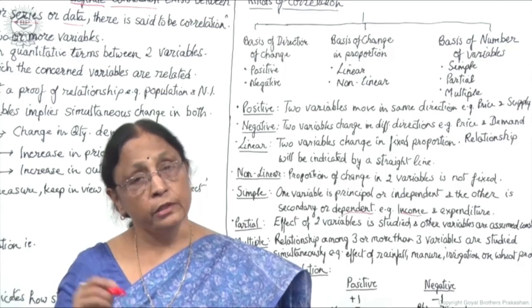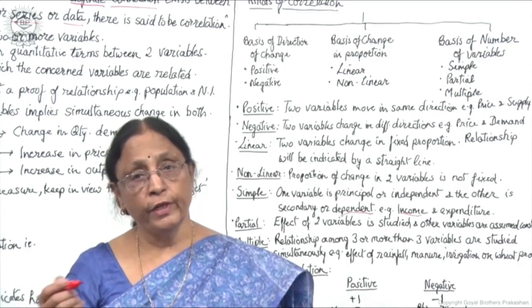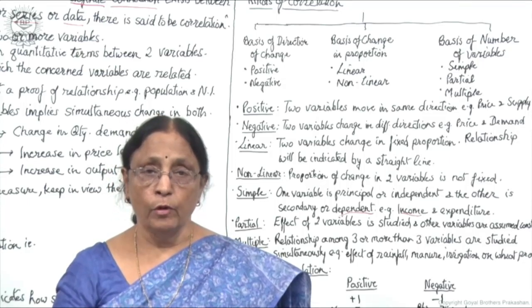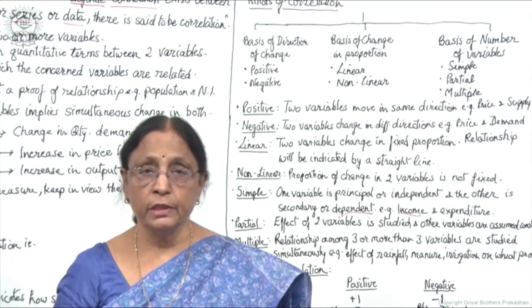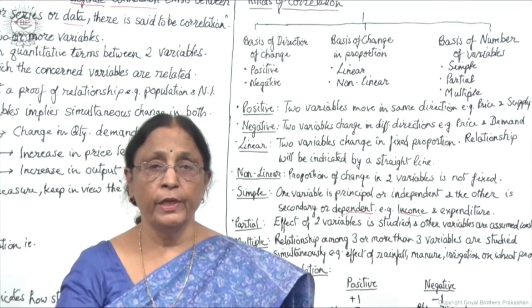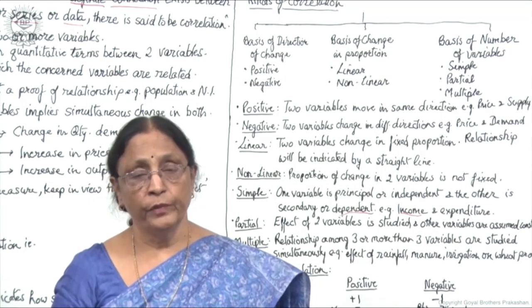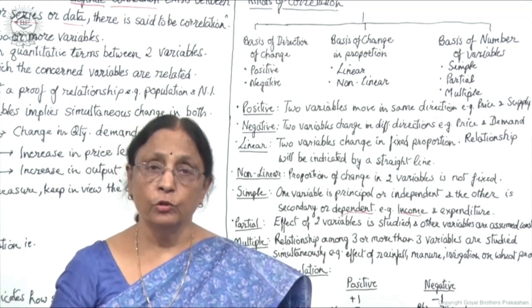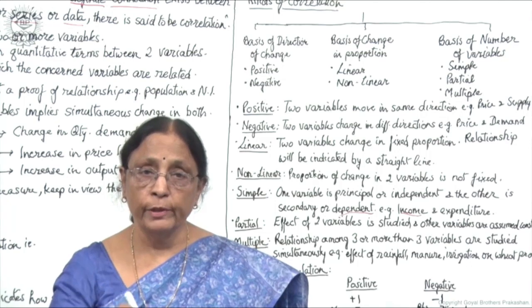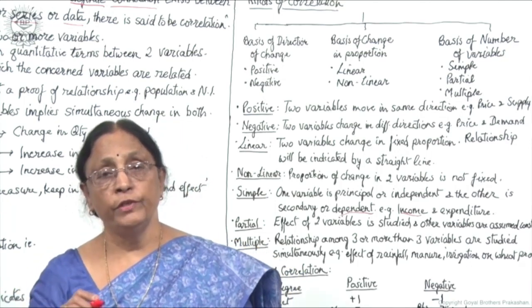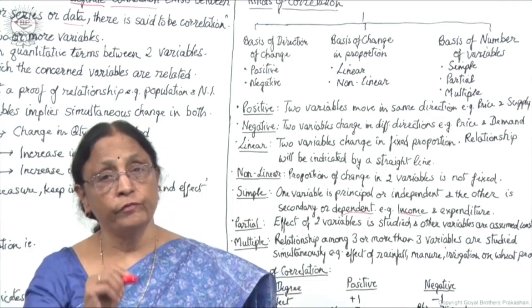But there are other factors also which affect the demand, right? Maybe the income of a person. If income increases, then even if the price is increasing, the person may demand the same. In the same way, the price of other goods also affects demand for that particular good. So there are many other factors which affect demand, not only the price of that commodity.